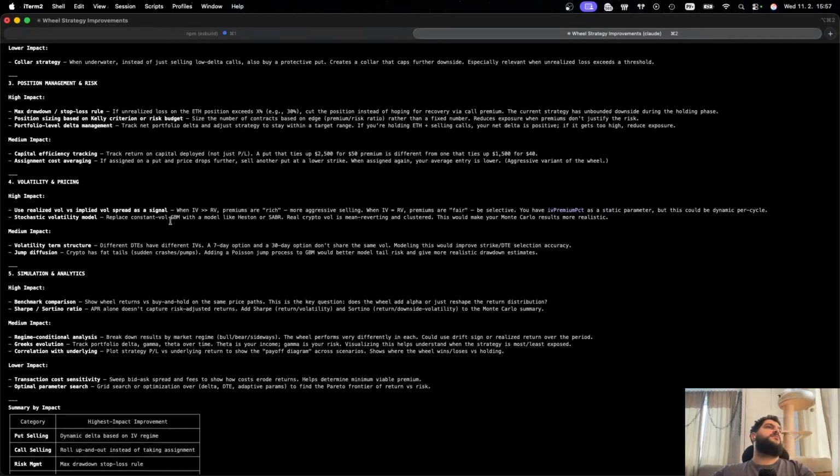Position management and risk. High impact is max drawdown stop loss rule. If unrealized loss on the ETH position exceeds X percentage, cut the position instead of hoping for recovery via call premium. The covered call strategy has unbounded downside during the holding phase.